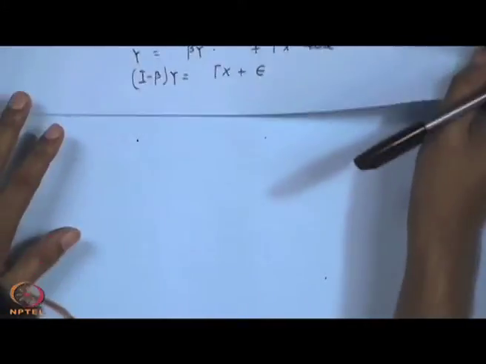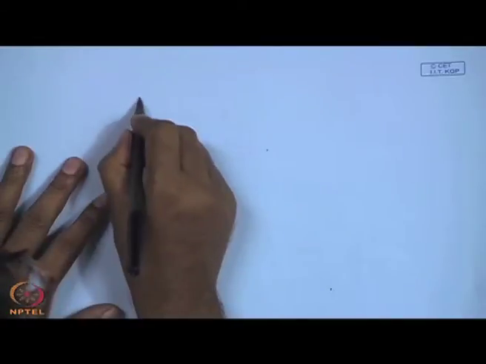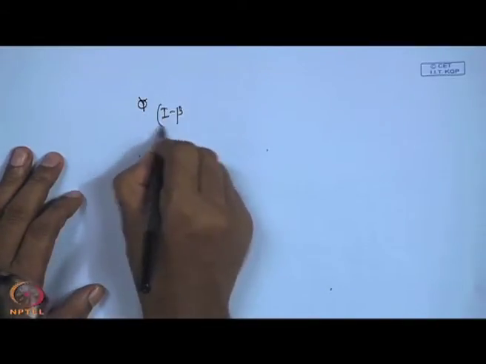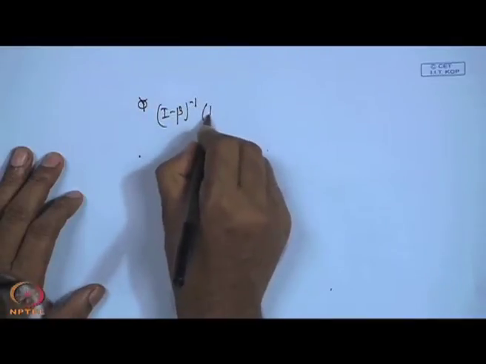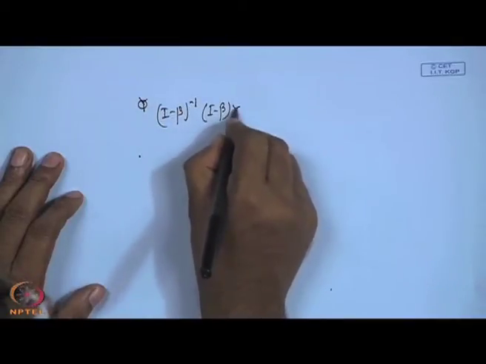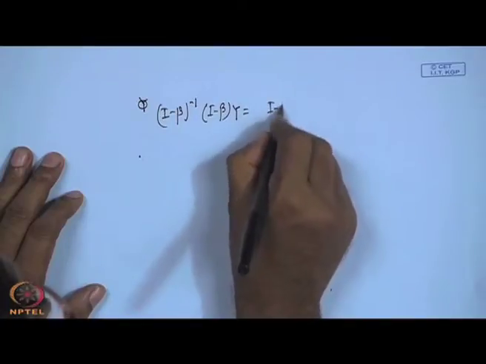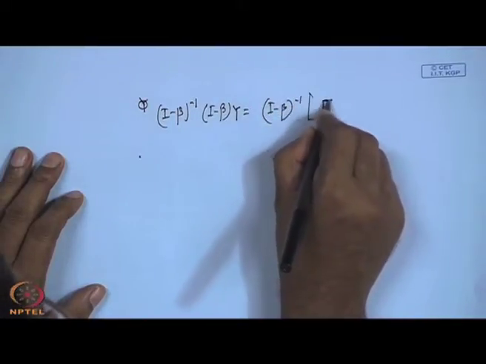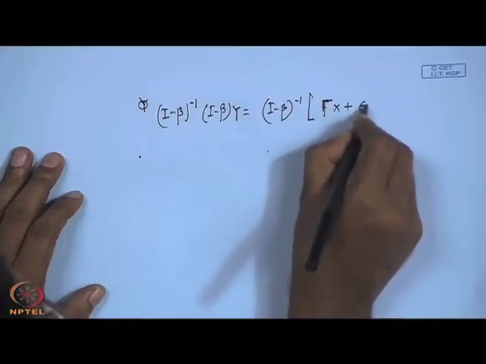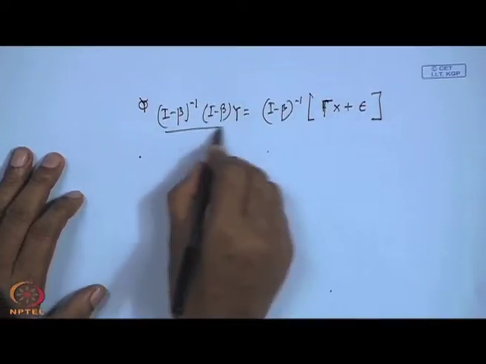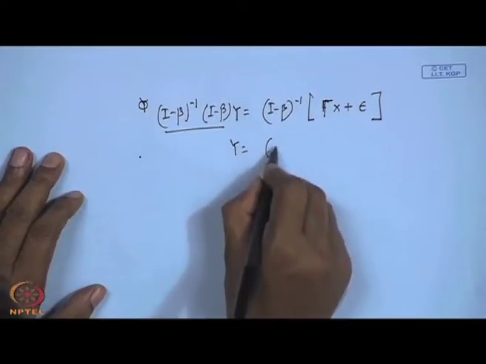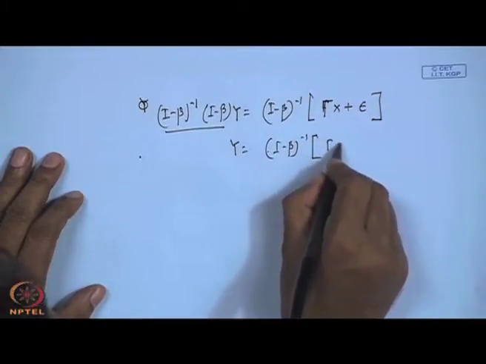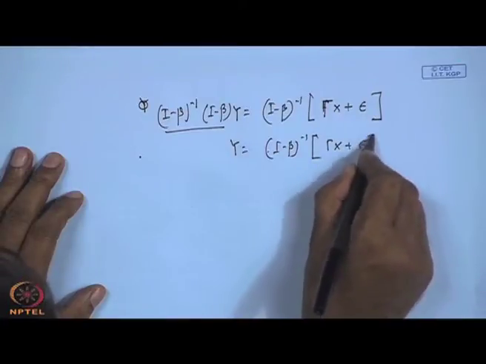Then further you may be interested to write this: if I multiply I minus beta inverse with I minus beta y, you get gamma x plus epsilon, and this will be I. So, y equal to I minus beta inverse gamma x plus epsilon.